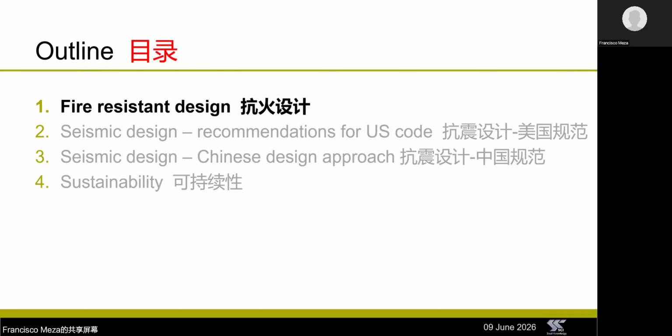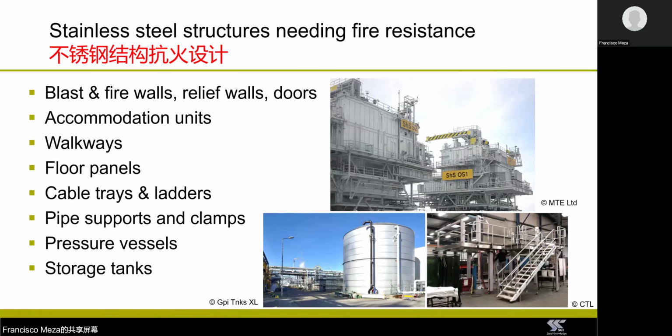Okay, so we're going to start with the fire design of stainless steel structures in accordance with the Eurocodes. There are many applications in which stainless steel is used to ensure adequate fire performance, and in these applications the selection of stainless steel is often linked to its corrosion-resistant properties as well.